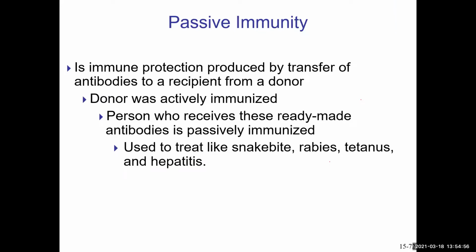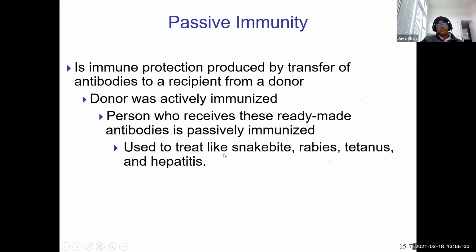So a person who receives these ready-made antibodies is passively immunized, like we use these in snake bite, rabies, tetanus, and hepatitis. And in this case, like in hepatitis, we do active immunity too. You vaccinate against hepatitis, you vaccinate against tetanus. If you take tetanus toxoid, that is active.